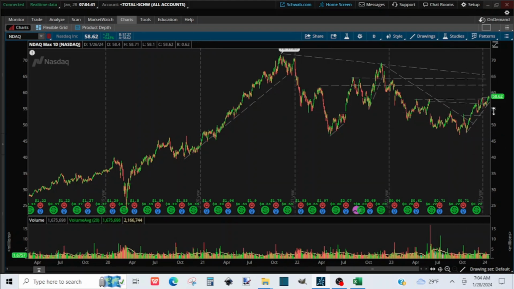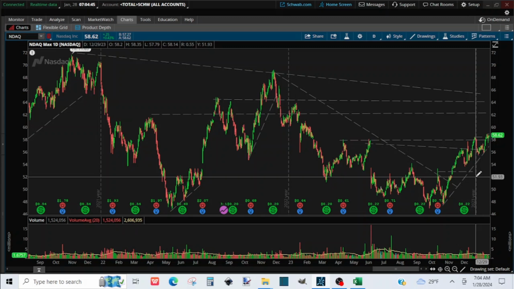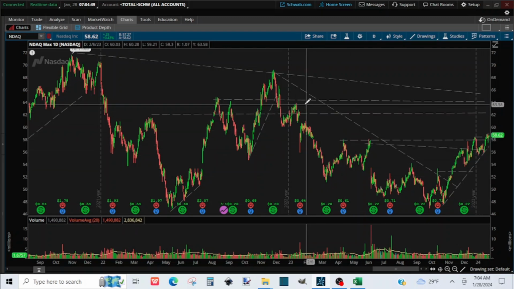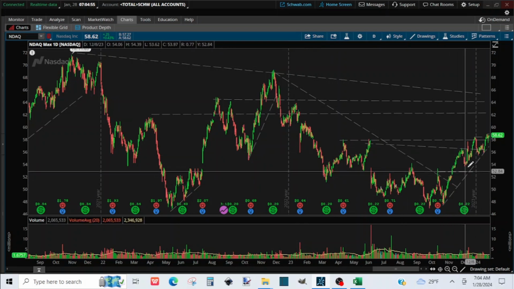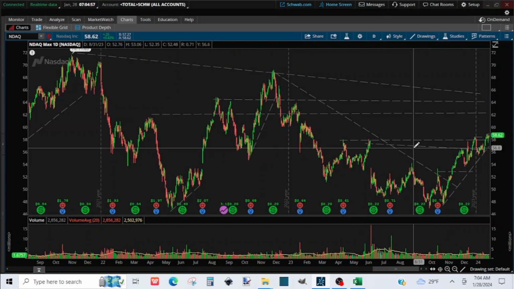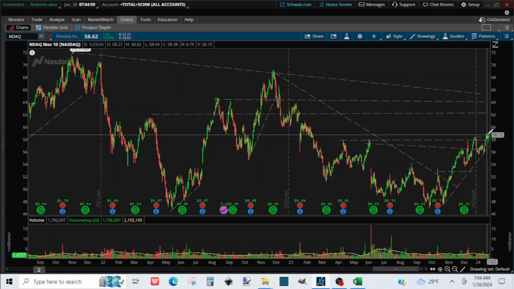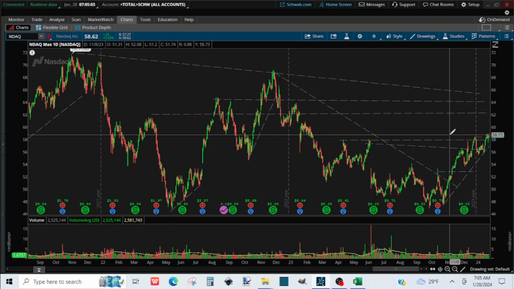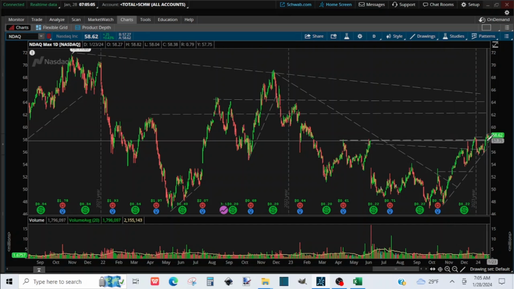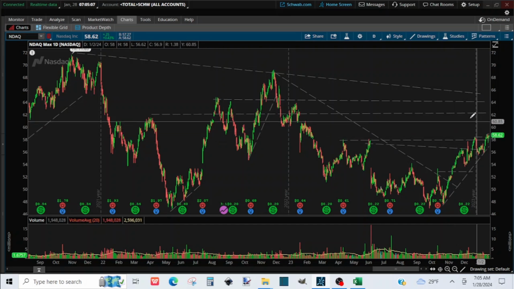It broke this downtrend as well, and the next downtrend. And so pretty much we can say it is going upward, but at the moment it is dealing with this resistance line, so it needs to use it as a support and start going up, and it will make sense to buy it.